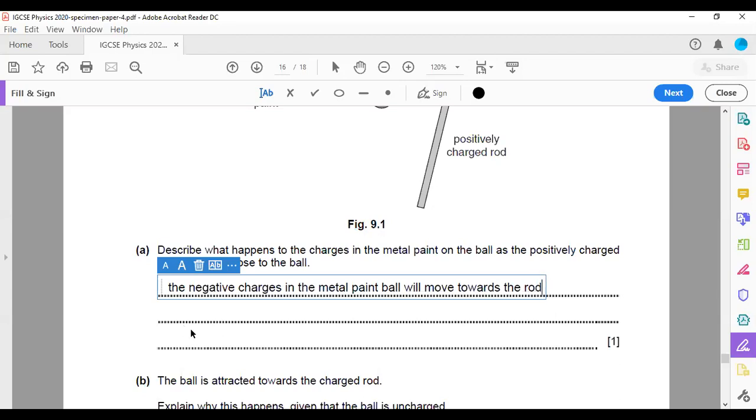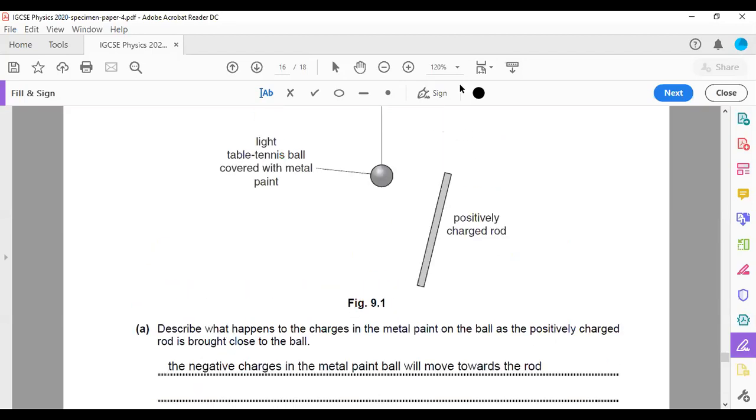So what's going to happen here is that all the minus signs in the ball come to the edge to attract the positive charges in the rod. Because of the law of electrostatics, opposite charges attract each other.